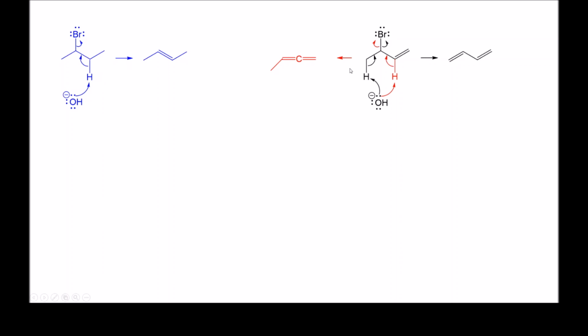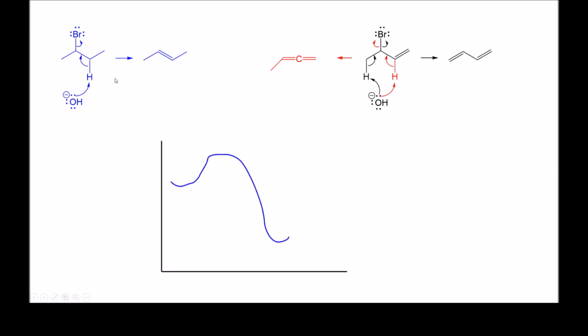This carbon has three hydrogens. But the other and probably better way of thinking about Zaitsev's rule is that you should pull a hydrogen so that you make the energetically more stable product. And that's what's happening with this black pathway right here. A conjugated diene is much more stable than a cumulated diene. So Zaitsev would tell you to make the conjugated diene.